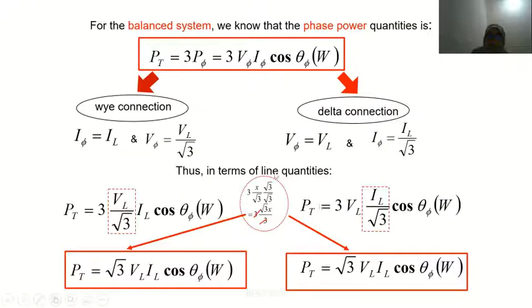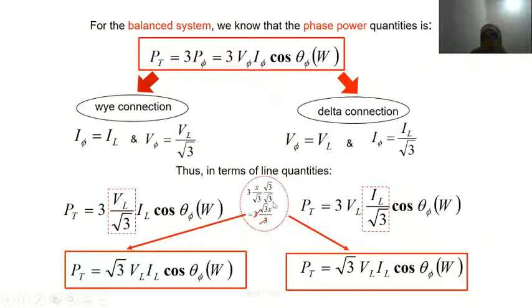From here, when you multiply 3 by IL divided by square root of 3, you want to eliminate the square root of 3 at the bottom of IL, so you multiply the numerator and the denominator by square root of 3.